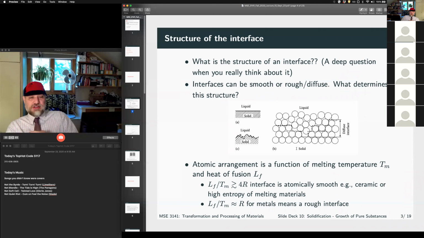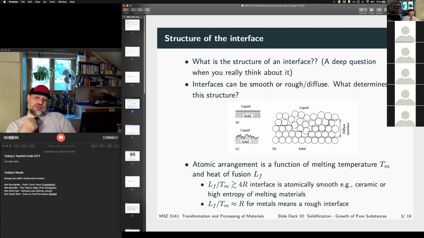And we really should, because we talk a lot about our favorite Gibbs-Thompson rule, right? If we say that an interface has a surface tension, well, that means it has a different stiffness. It has different properties than either phase. And as material scientists, we know that structure is what controls the property.